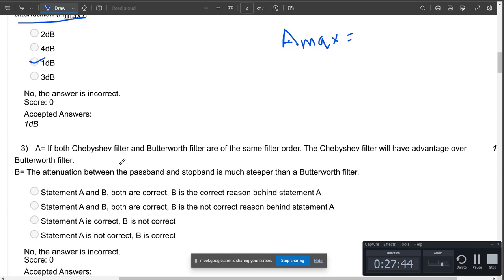And the option is A. Okay. First option is the correct answer. Okay, what about others? What others think?